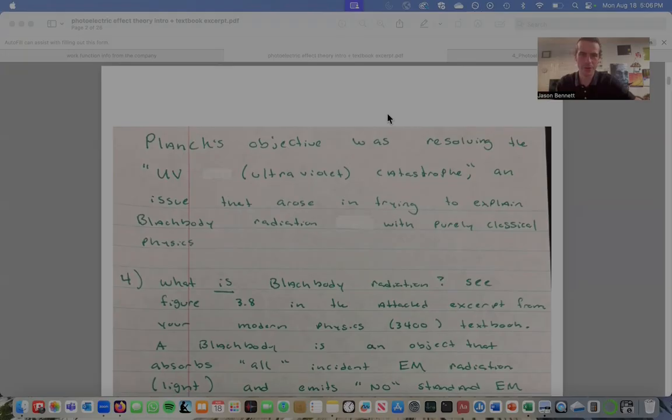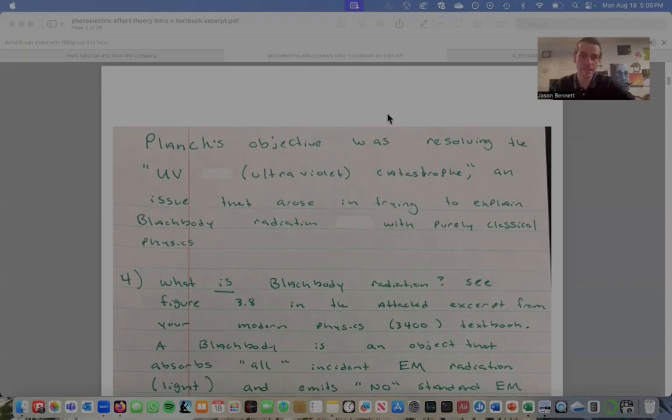We'll talk about the photoelectric effect and Einstein in a second, but Planck was trying to figure out how to explain black body radiation. It had been perplexing people for a decade plus, this UV catastrophe, as they called it. And it arose because of thinking about what was going on in purely classical contexts.